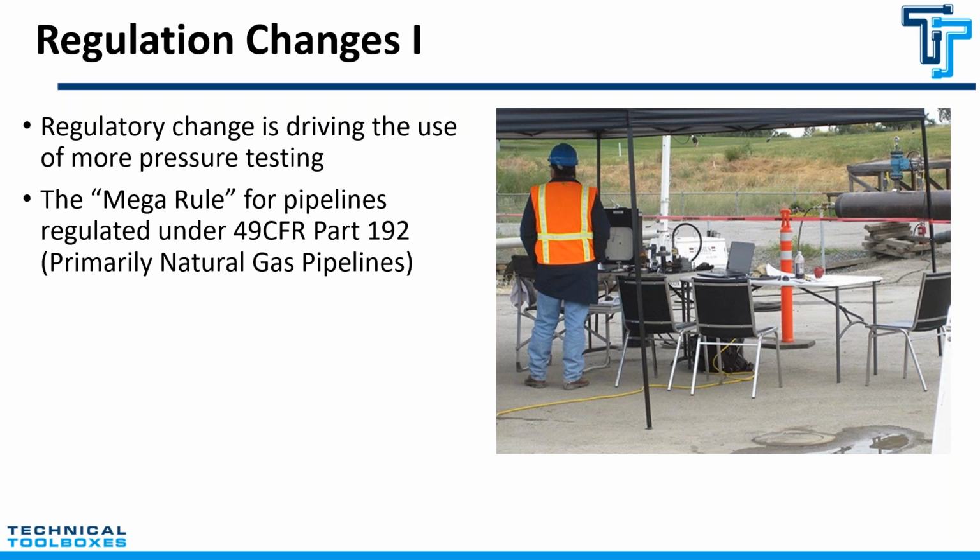One of the major reasons driving a lot of the recent MAOP validations and hydrotesting is the regulatory changes. Mega Rule, for anybody that's following, is now finally complete. Mega Rule 1 was released in October 2019, followed by Mega Rule 2, Part 2. It's a three-part rule.